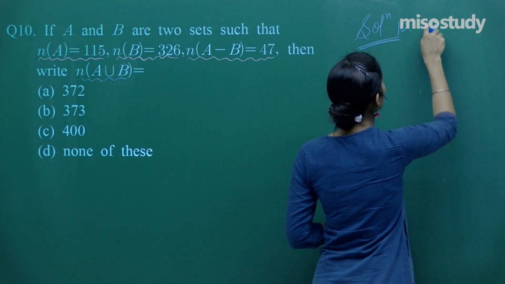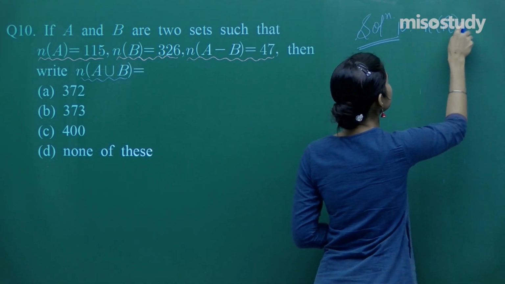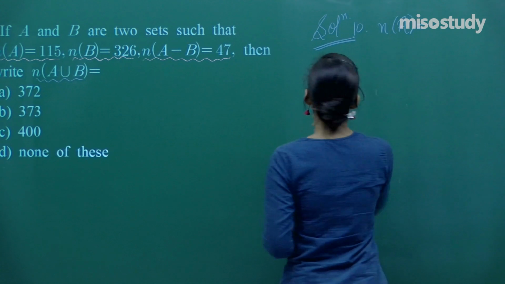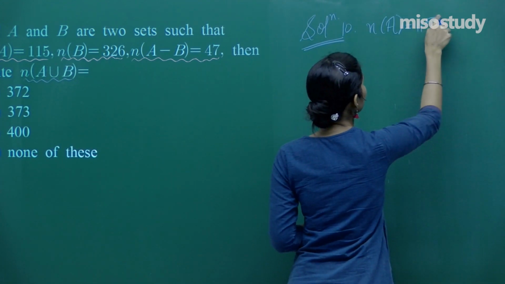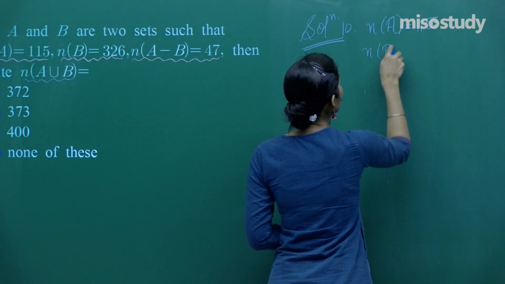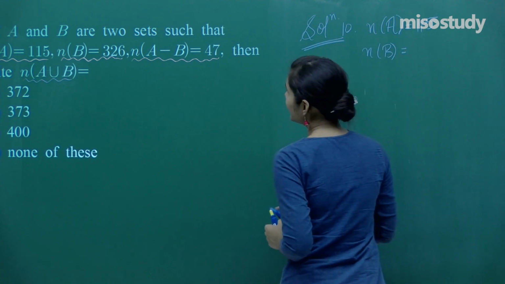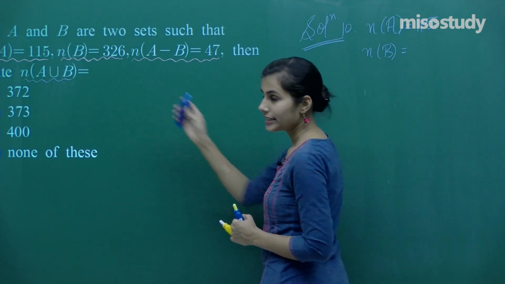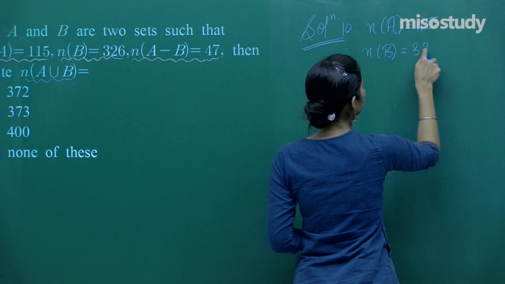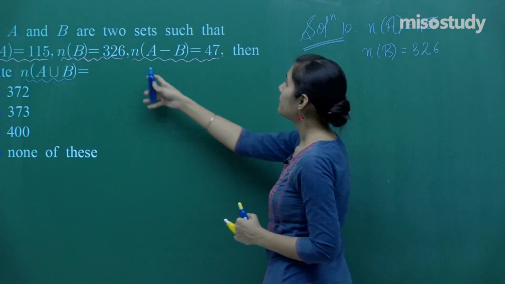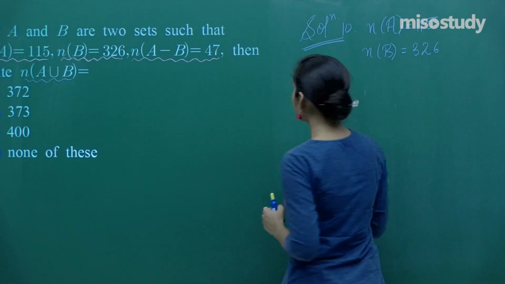We are given the number of members in set A to be equal to 115. The number of members in set B is equal to 326. The number of members in A minus B is 47.